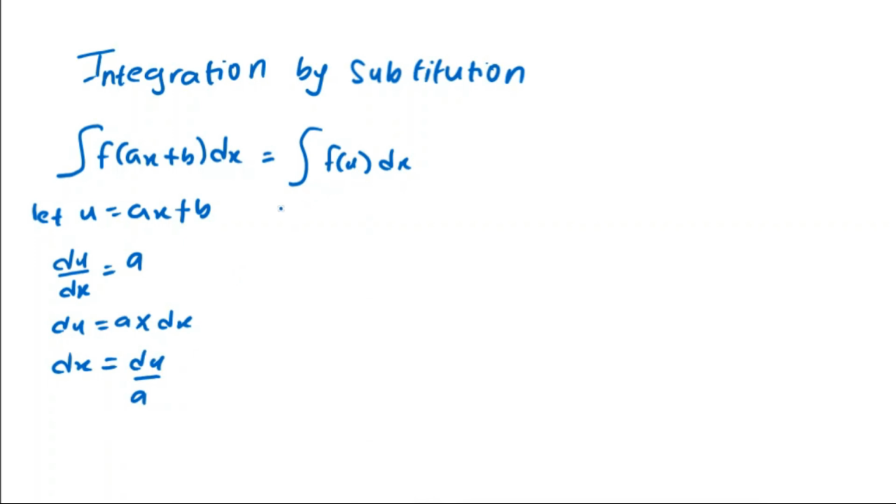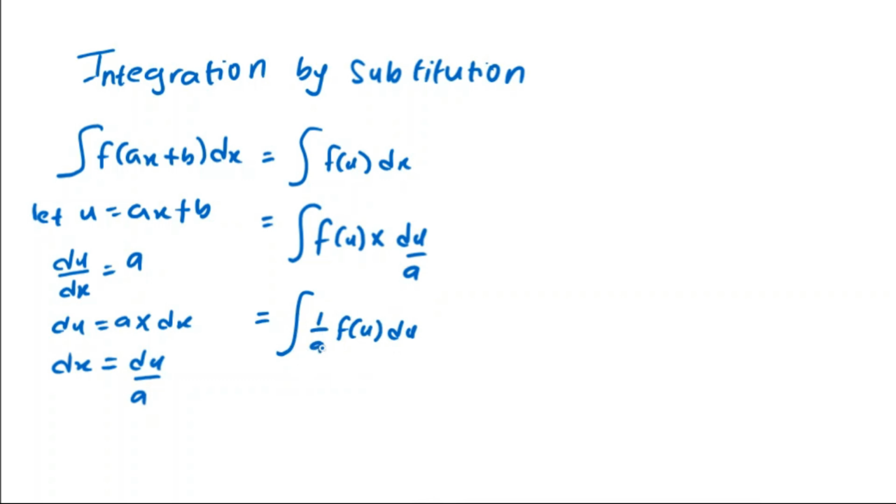So what it means is that the integral of f of u dx is now the same thing as the integral of f of u multiplied by dx, and dx is now du over a. So this will give us the integral of f of u times du divided by a, which is the same thing as 1 over a times f of u du.